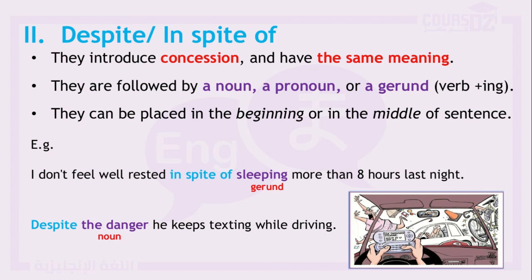Okay. وهنايا لازم نردوا بالنا in spite تجي معها of، despite وحدها despite the danger. Okay. كنا نقدر نقولوا I don't feel well rested despite sleeping more than 8 hours last night, or in spite of the danger he keeps texting while driving. Okay.